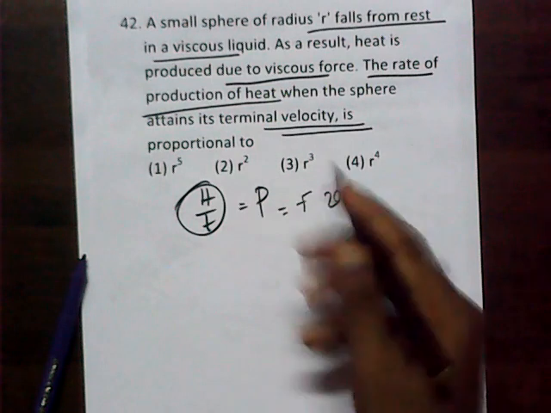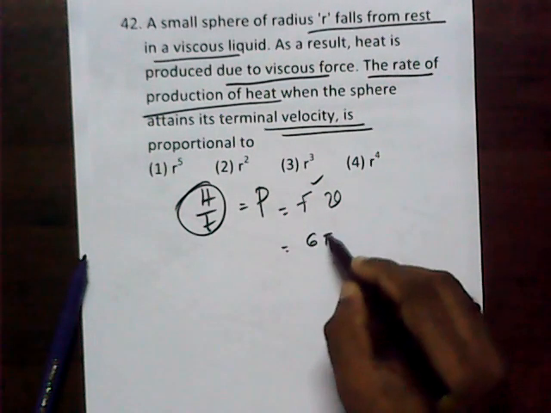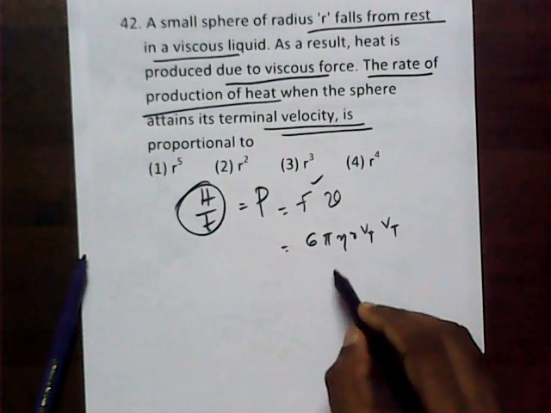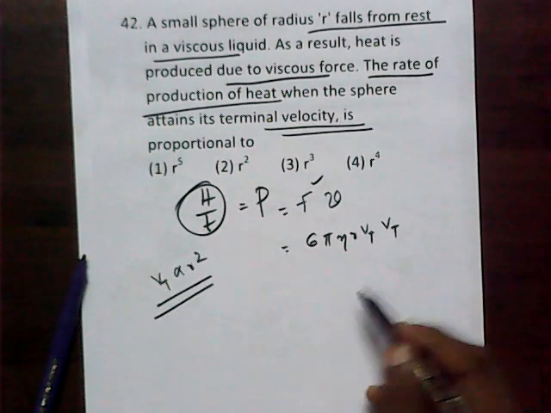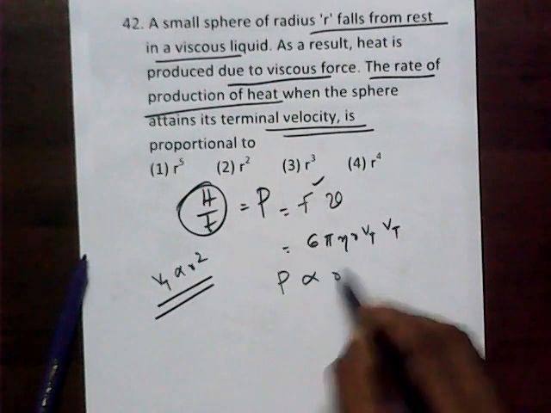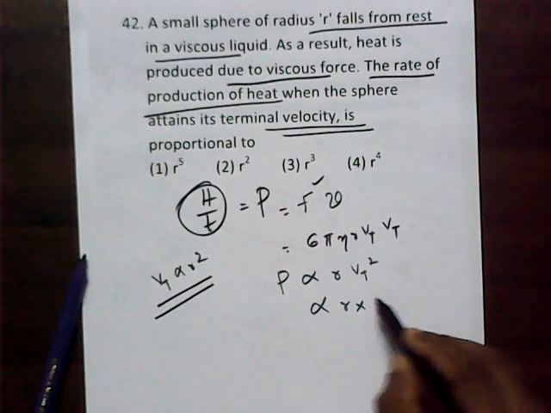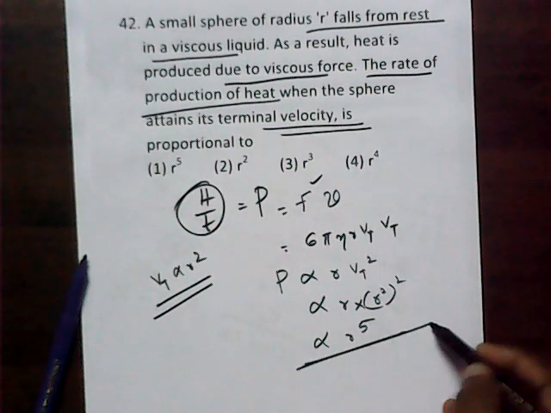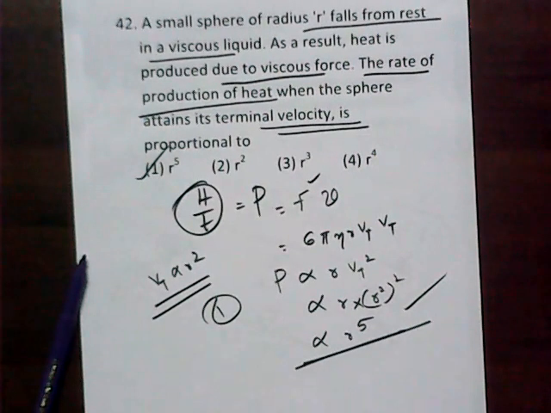In a fluid, the viscous force acting on it is equal to the Stokes formula 6 pi eta r Vt into Vt. Again, as Vt is proportional to r square, we can say that power is proportional to r into Vt square, so that is proportional to r into r square whole square, which is equal to r raised to 5. So that is the concept. So we can say 1 is the answer.